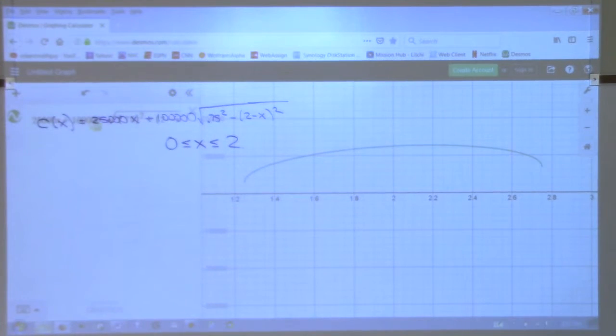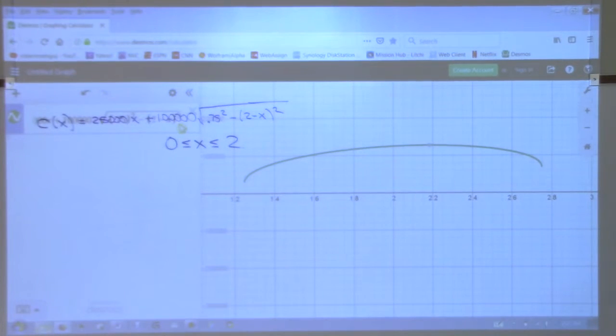25,000, 100,000, 0.75 squared minus 2, right? X was between 0 and 2. Do y'all see why I'm kind of concerned about this picture? But that's outside the... Yeah, this is outside the thing.